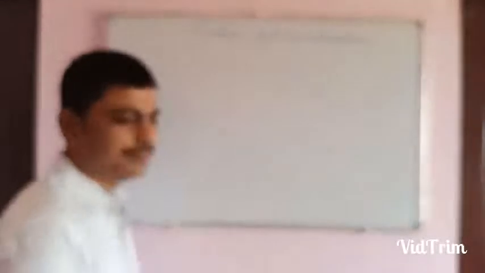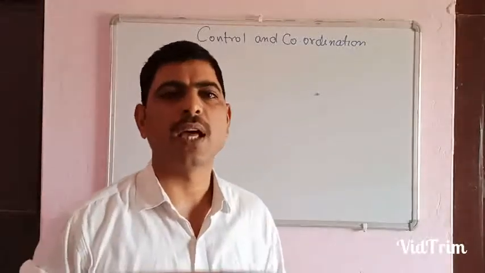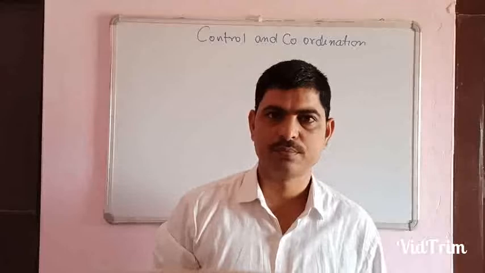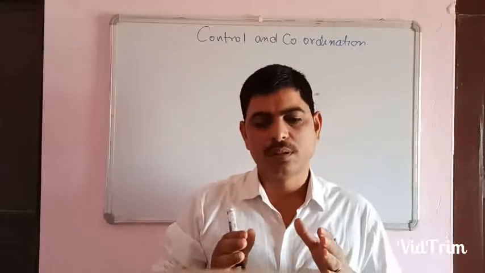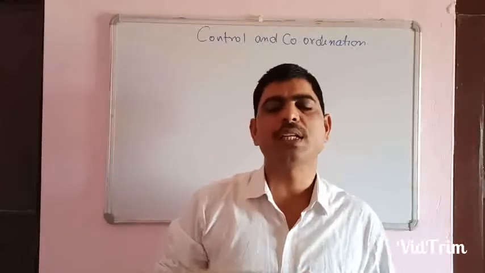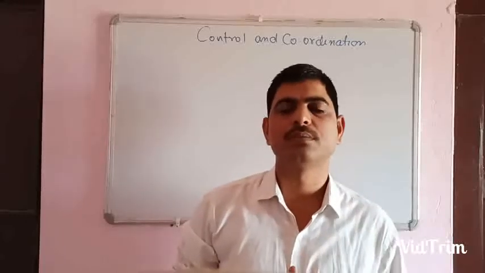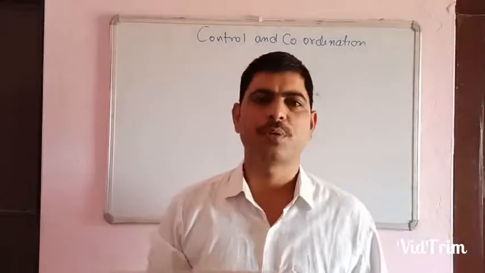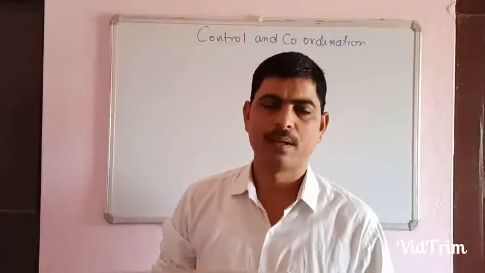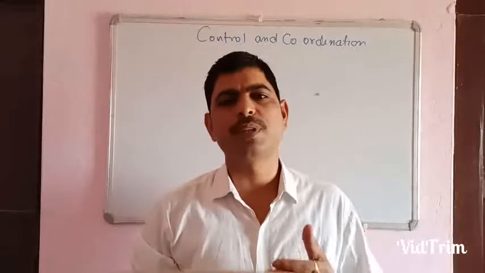Dear students, a specific type of stimulus requires an appropriate response, and this response is in the form of actions or movement performed by animals, and these responses should also be controlled.